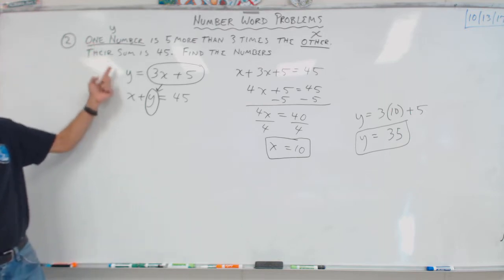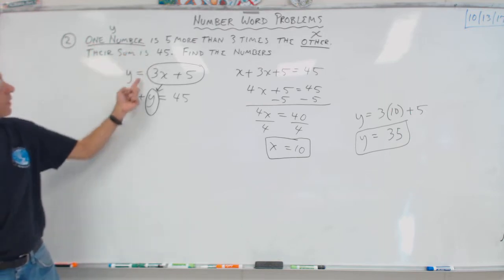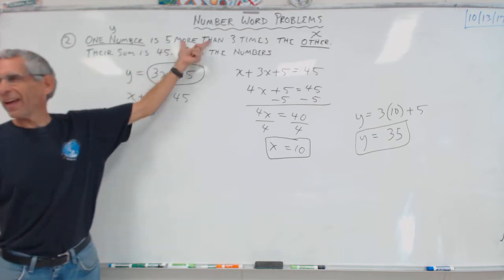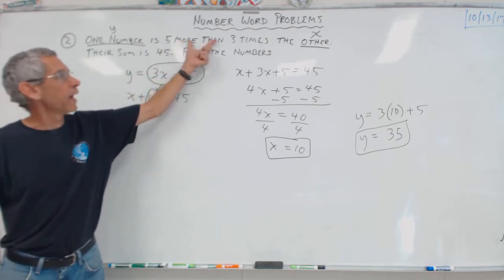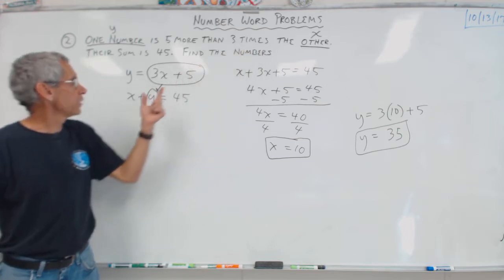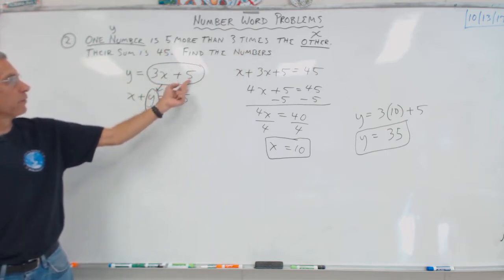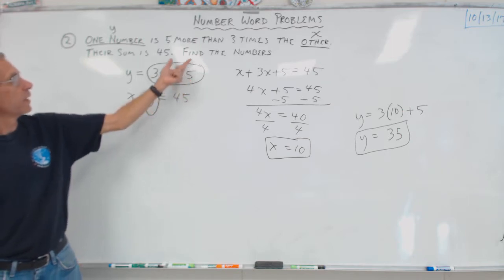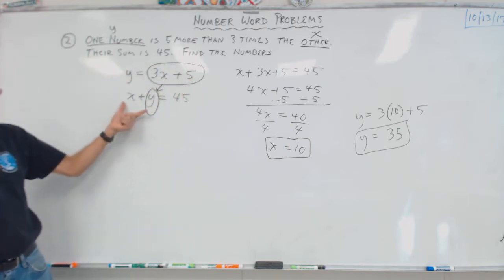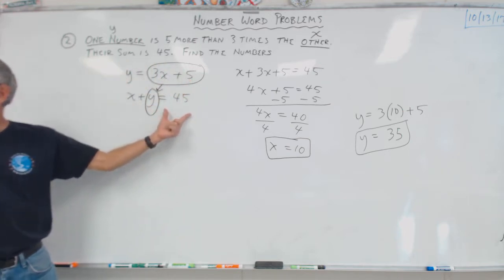One number, y, equals 5 more than... hold on, skip that. More than what? 3 times the other, so I put 3x. And then I go back and I do the plus 5, okay? And then it says their sum is 45, x plus y is 45, right?